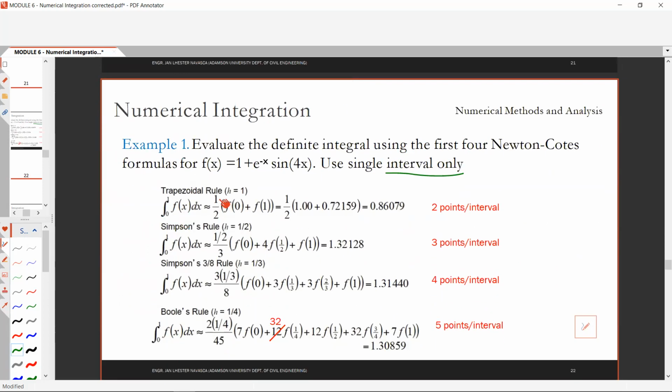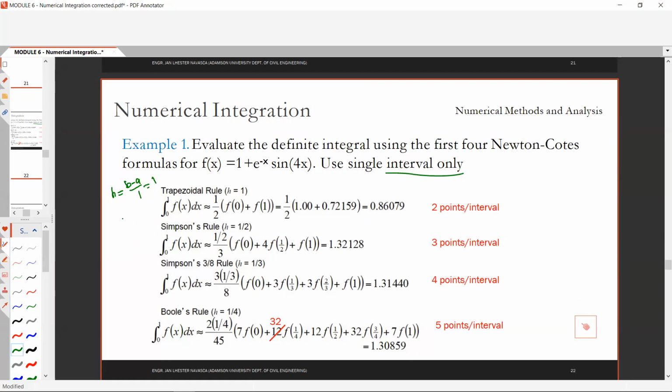Okay. So let's look at their h values. For the trapezoidal rule, since it is only one segment to get 2 points, right? Our h there is equal to b minus a all over 1, which is 1 minus 0 over 1, which is 1.